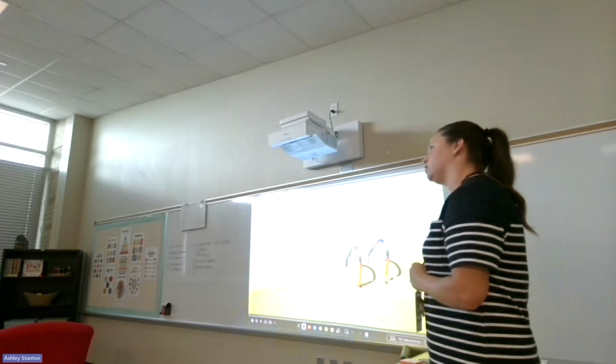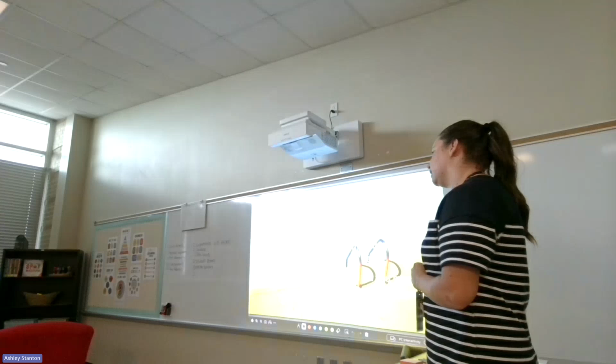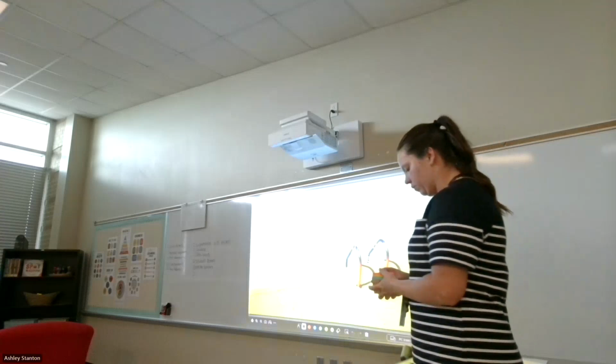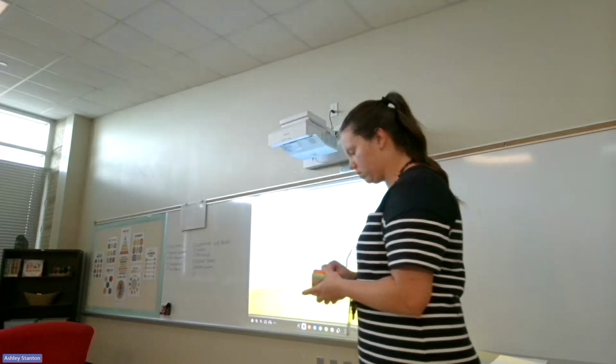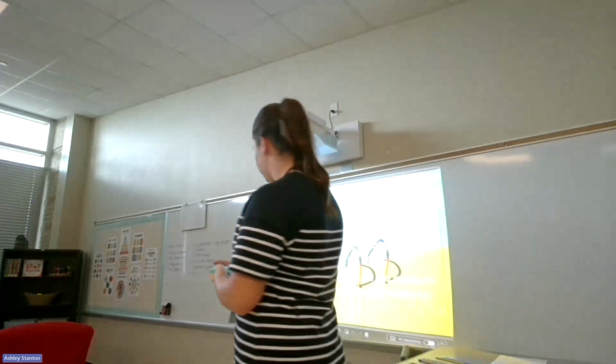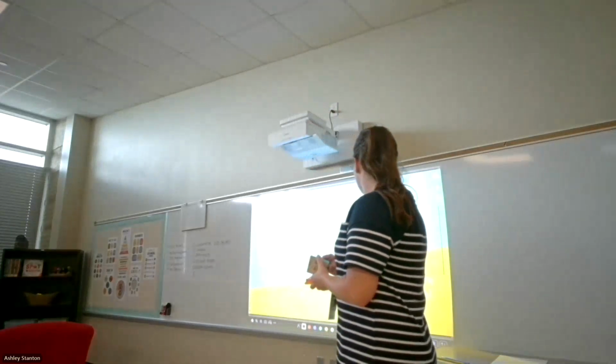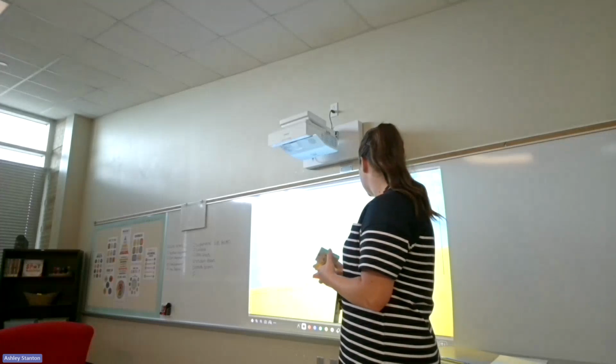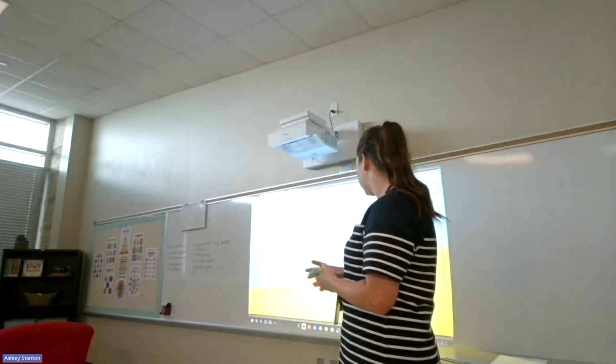So now we're going to talk about how we can reflect and what action steps we're going to try for the year. The blue one is what's one thing you will try. Yellow is what support you need.